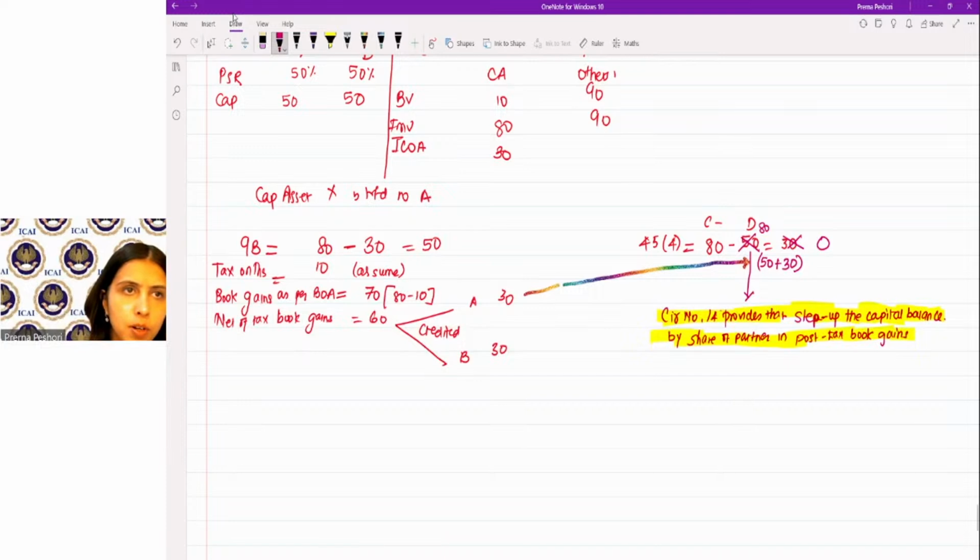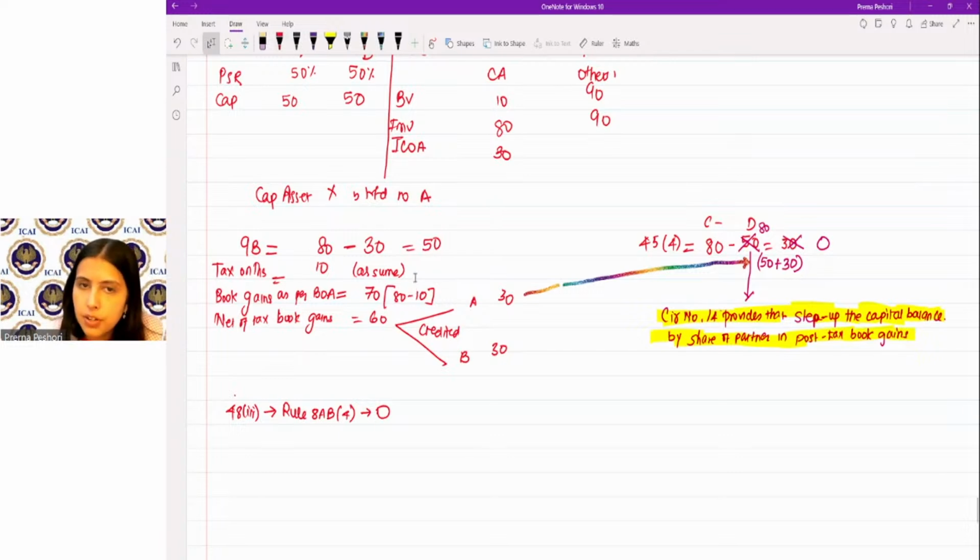What will be 48(3) over here? 48(3) here as per rule 8AB(4) will be 0, because the capital asset itself is transferred. So there is no question of revaluating or attributing to the remaining asset, because the capital asset itself is getting transferred, and there is no other capital asset or revaluation. So there will be no attribution to this capital asset. Clear? Did you understand this?